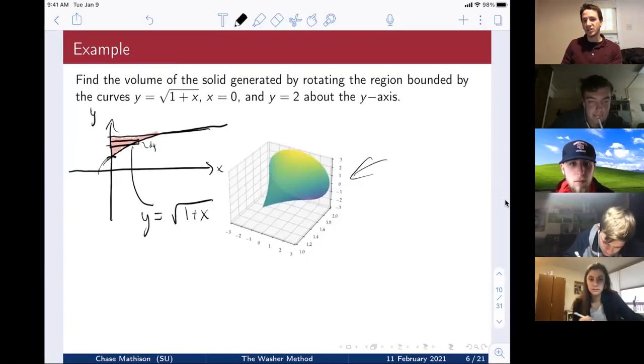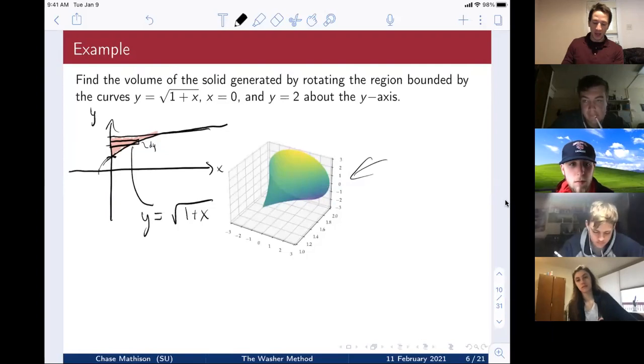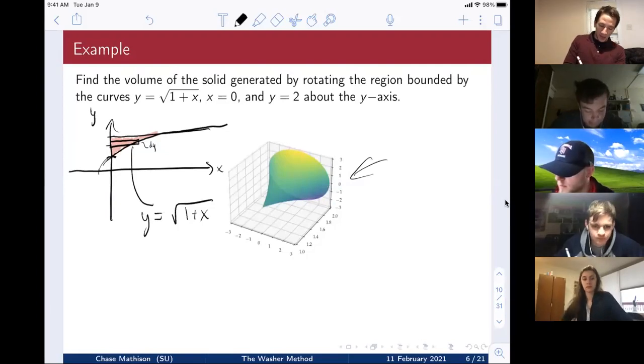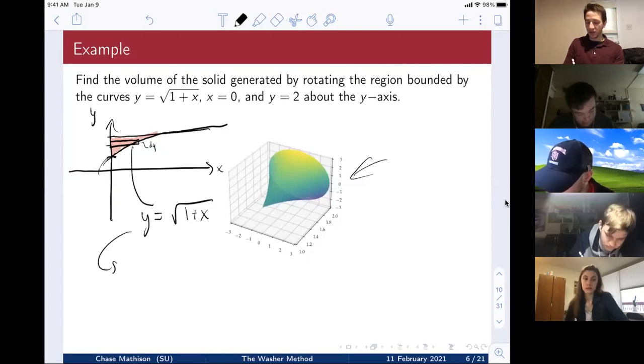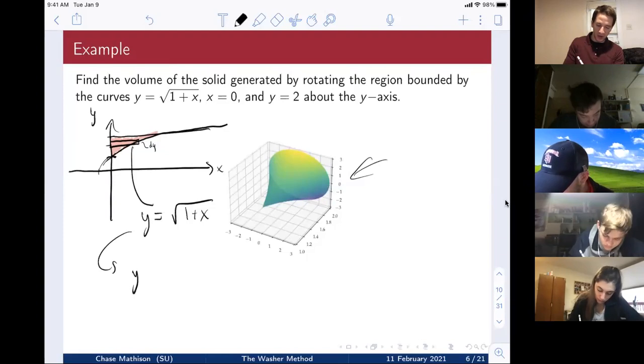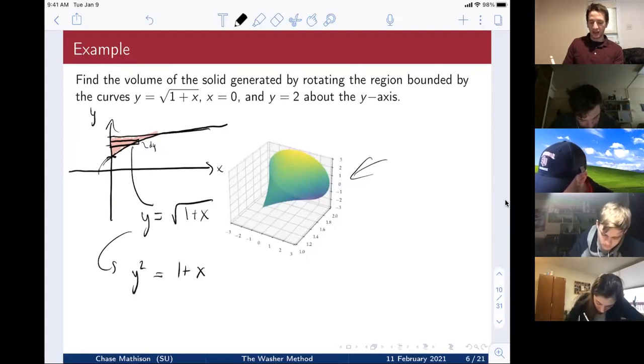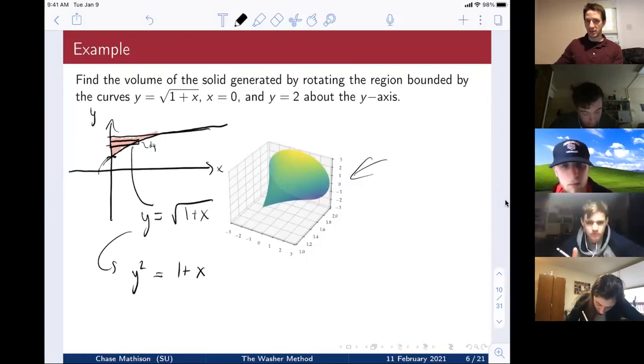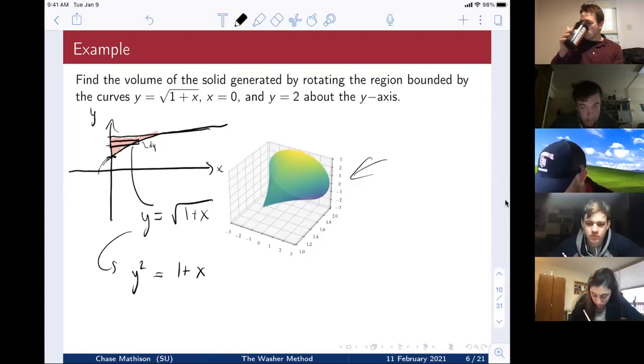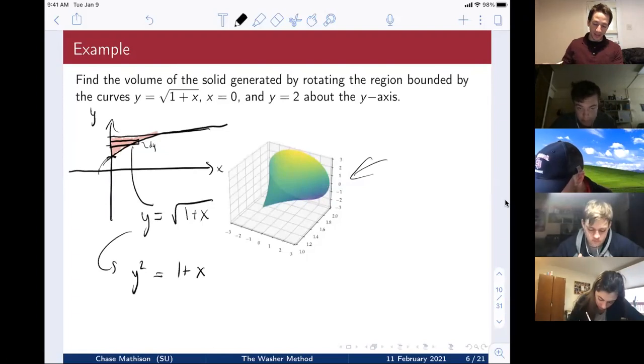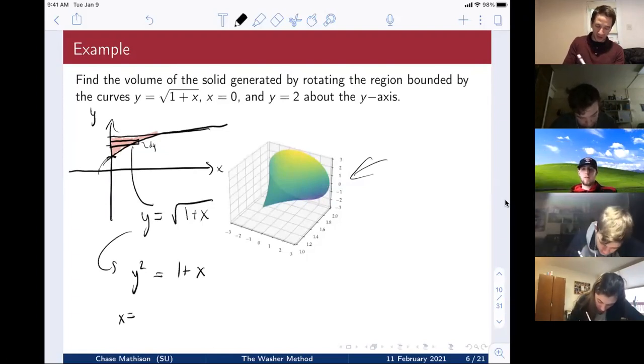I need to rewrite it as a function of y. So this curve, if I try and solve it for x, the first thing I would do is square both sides. So I get y squared is equal to 1 plus x. And then the next thing I do is subtract 1, and then I have my function of y.